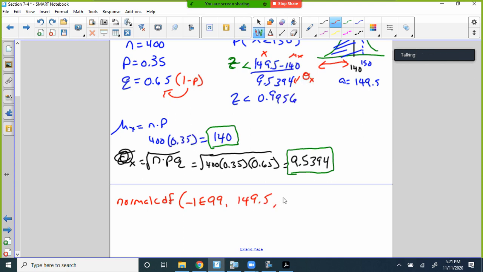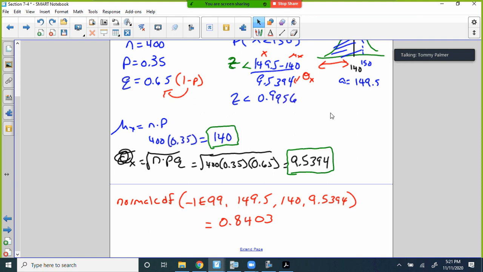The mean would be 140, and then the standard deviation would be 9.5394, right? So if you type that in, you actually get 0.8403, right? And with the table we got 0.8399, right?